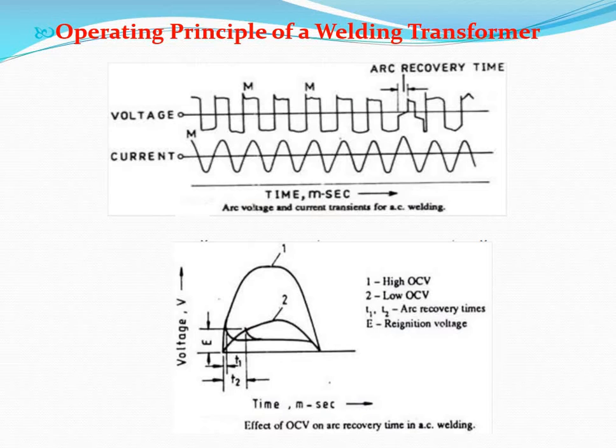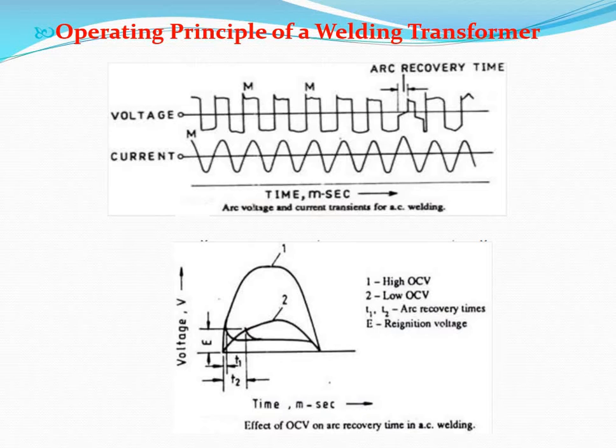Therefore, it is preferred to keep the open circuit voltage as low as possible within the applied constraints. So, this is the operating principle of the transformer.